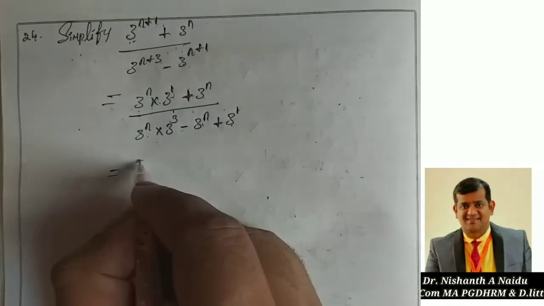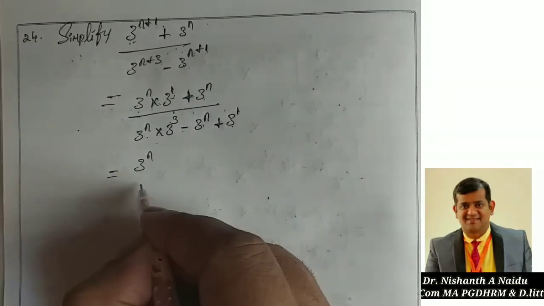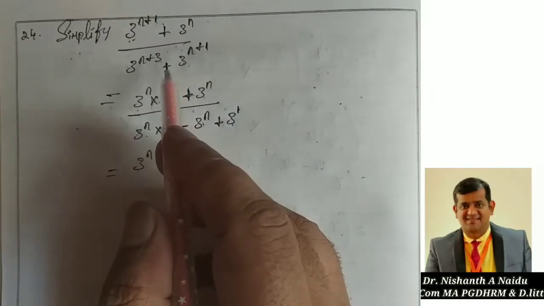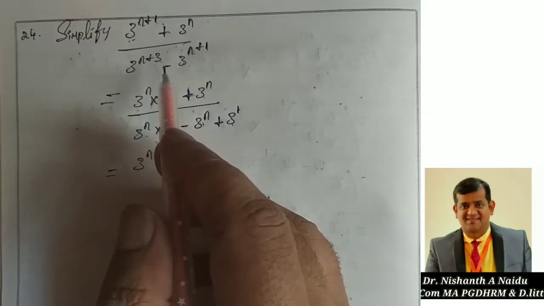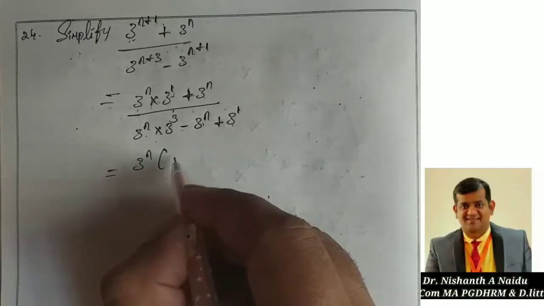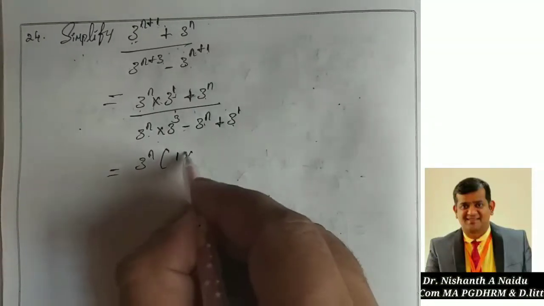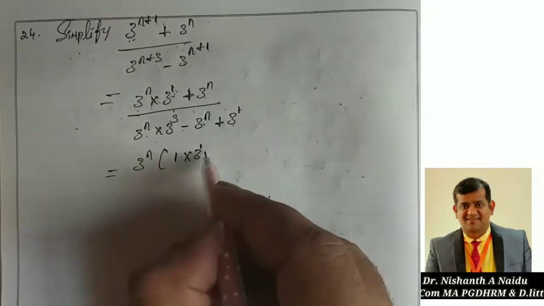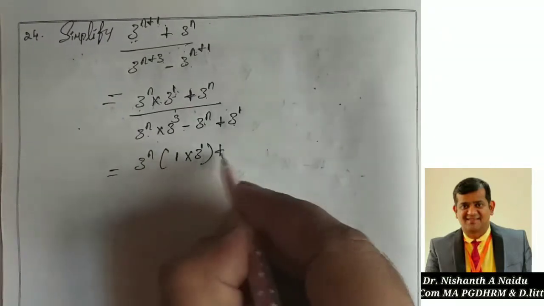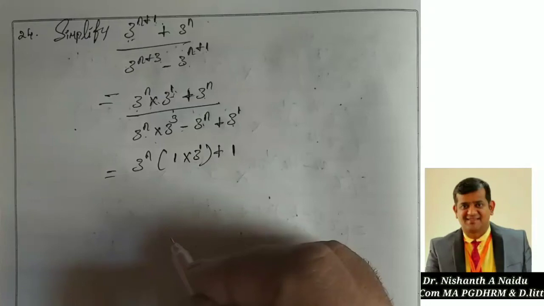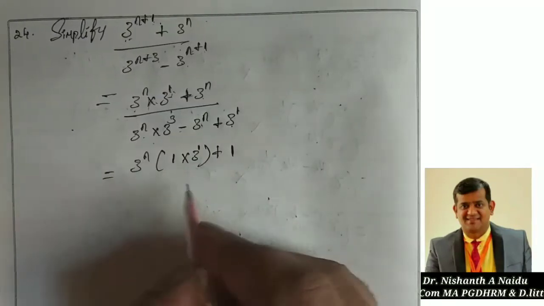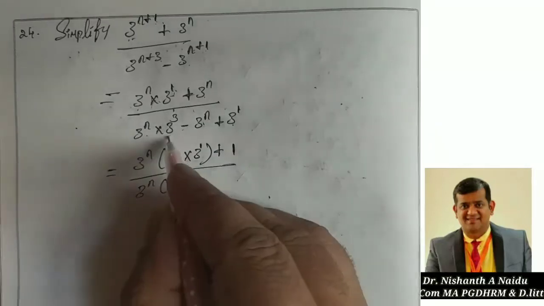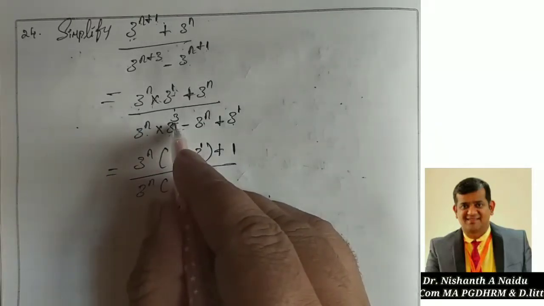So in the next stage, 3 to the power n into (1 into 3 to the power 1, this one, okay, plus 1), divided by 3 to the power n into (3 to the power 3 is there).